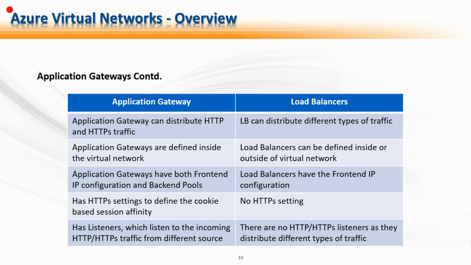Now, in addition to these differences that we just discussed, Application Gateway now has a public preview of the new SKU, Standard V2, which was not there earlier. And this offers auto-scaling, zone redundancy, and the static virtual IP.